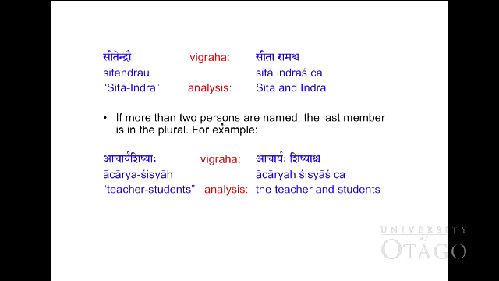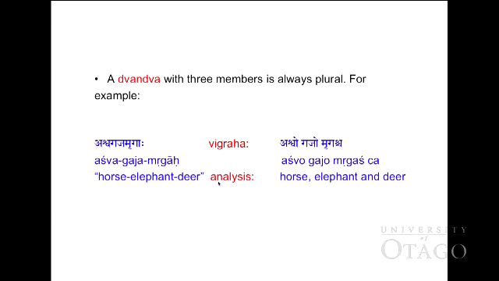If more than two persons are named, the last member is in the plural. For example, Acharya-Shishyah, which comes from Acharyah, Shishyah or Shishyascha. Teacher, students, can be the teacher and students. So one teacher and many students in this case.